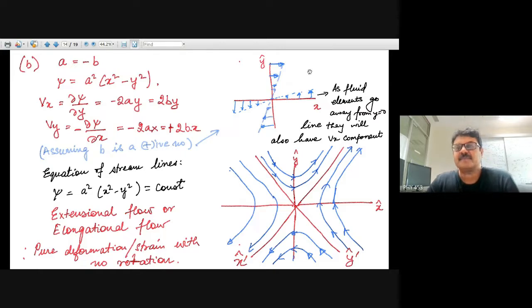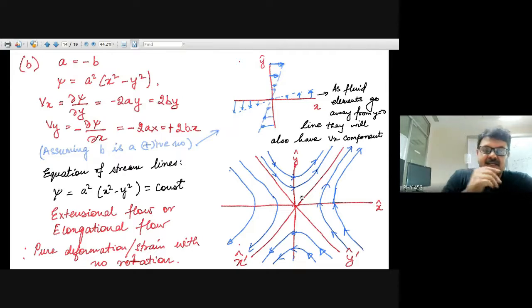But here you have both x and y, and correspondingly the streamlines are along this. And remember, as we saw later, this is extensional flow, and the deformation is exponentially increasing. There is pure compression and pure extension along the principal axes. We have seen this in the previous lecture, so we are seeing this again. And the corresponding stream function for extensional or elongational flow is something like this.